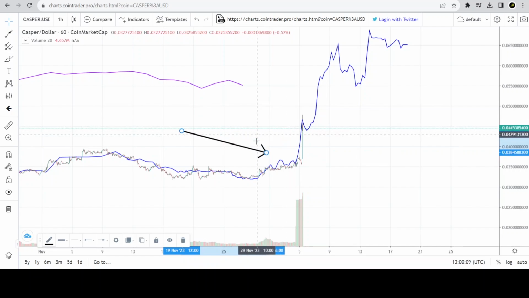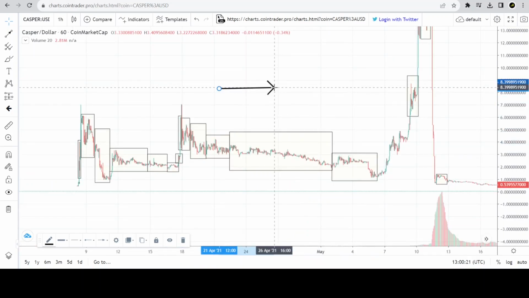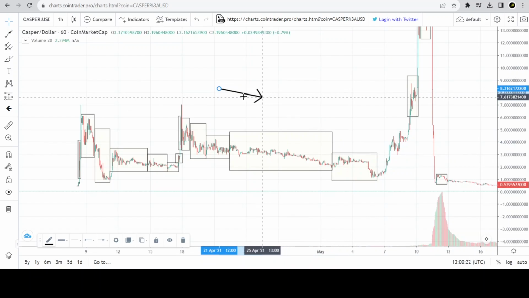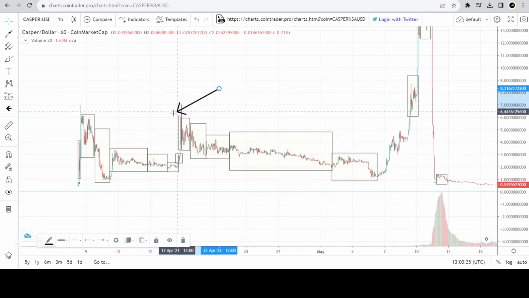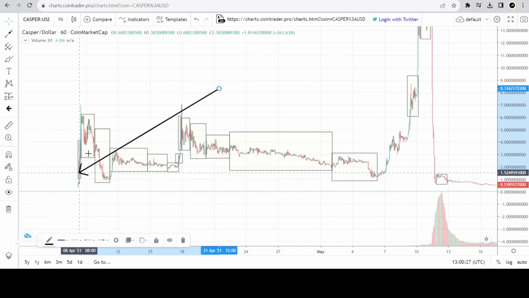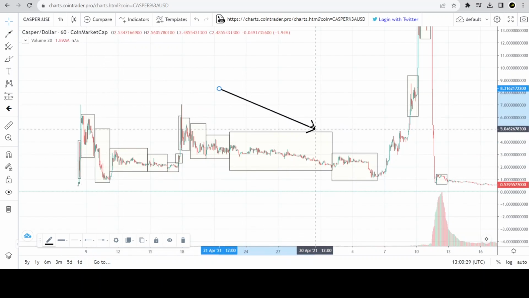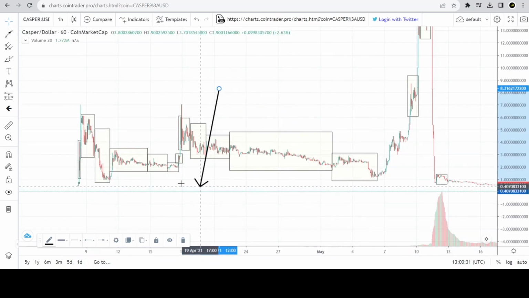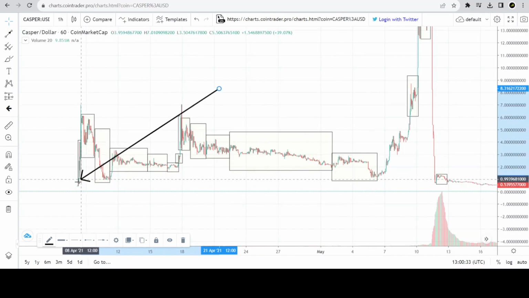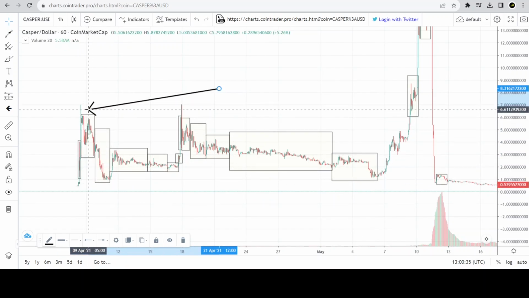Let's jump back to the very beginning of the Casper chart and examine this structure so you have an idea of what I'm talking about. Okay, so here we are back at the very beginning of the Casper chart. All these boxes, they mean something. So Casper has a repetitive macro structure. We see that macro structure play out 2 times here. So it starts with a bull run, and yes, Casper has had a bull run in its past.